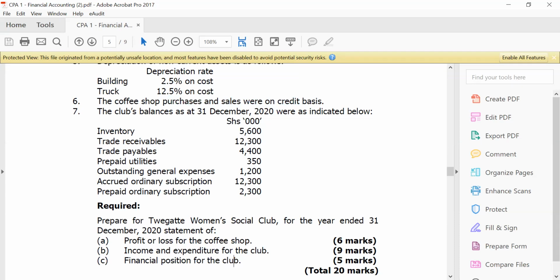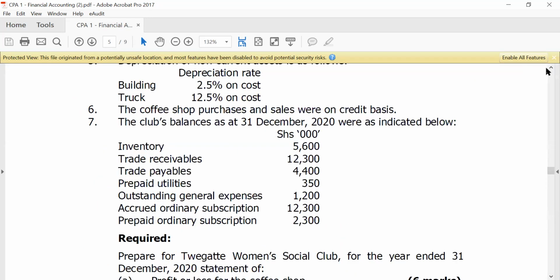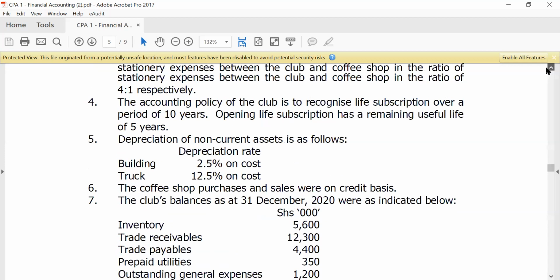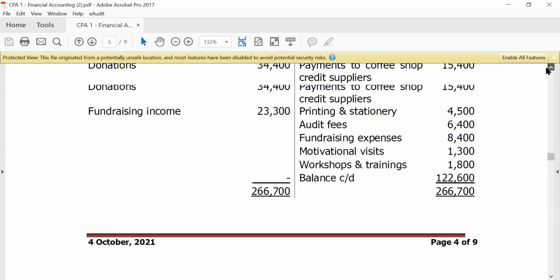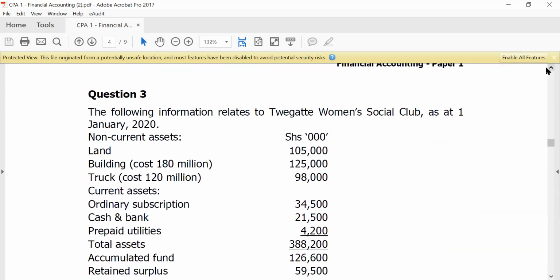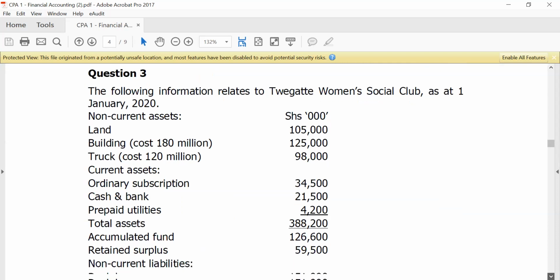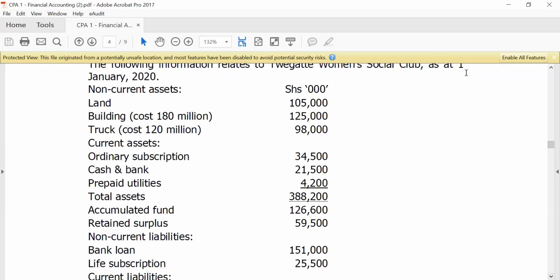So the statement of financial position just looks like what we have as our opening balances. I think you can see how this has been arranged. So you just do the same thing, but now you're using values as at 31st December, not values as at January.